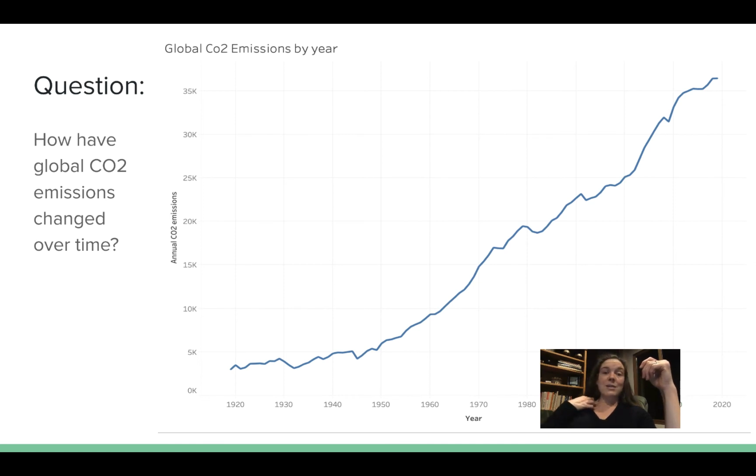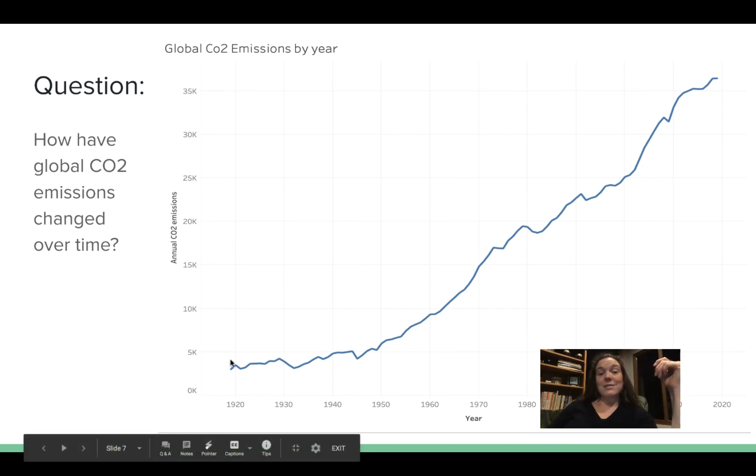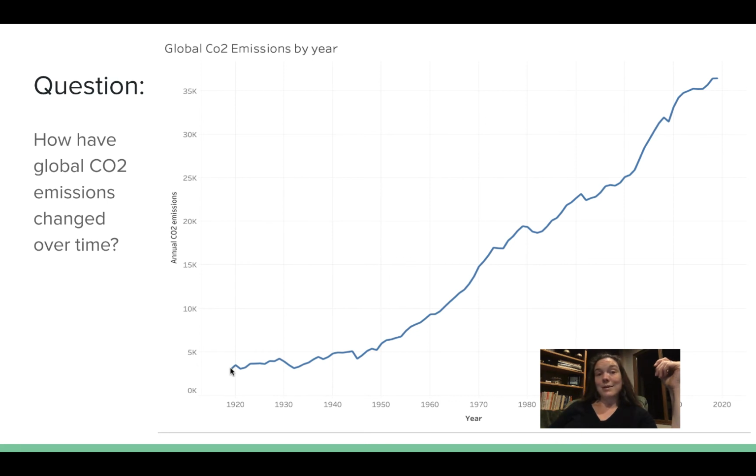Global carbon dioxide emissions per year. How have global carbon dioxide emissions changed over time? Well, they've climbed. They've climbed a lot, from less than 5,000 tons of carbon dioxide produced globally per year in 1919 to over 35,000 tons last year. How they've changed, it's not just been a straight increase, right?